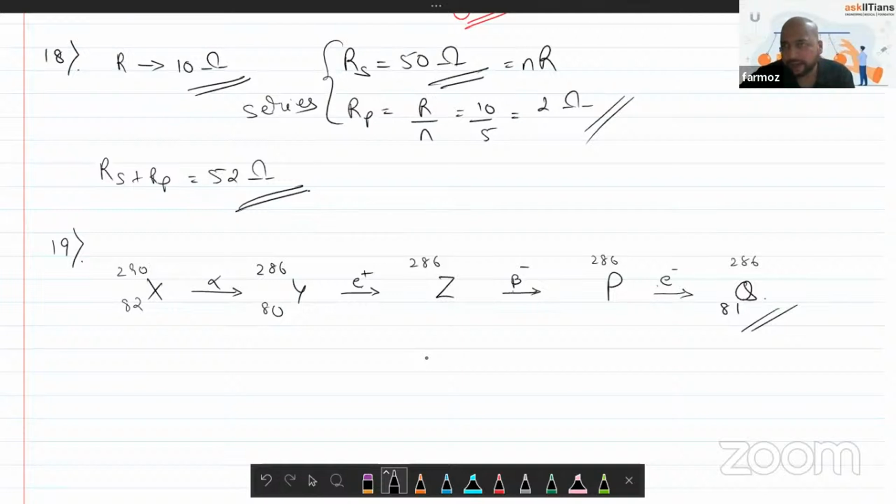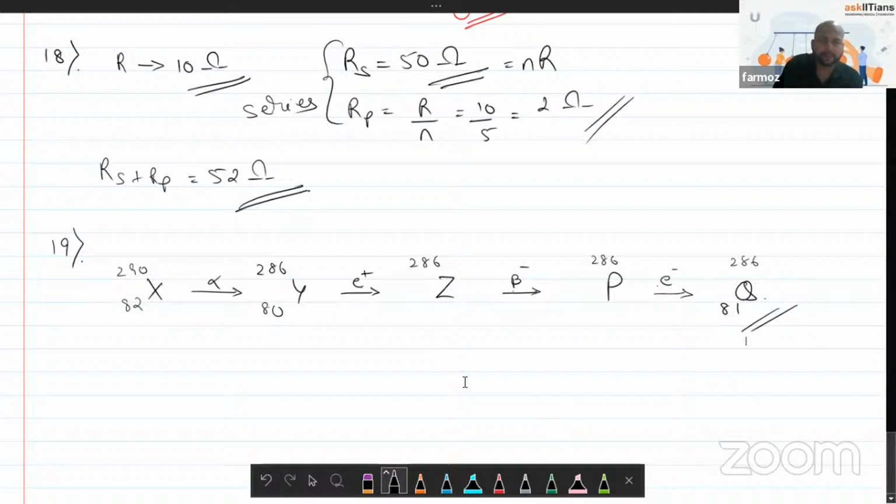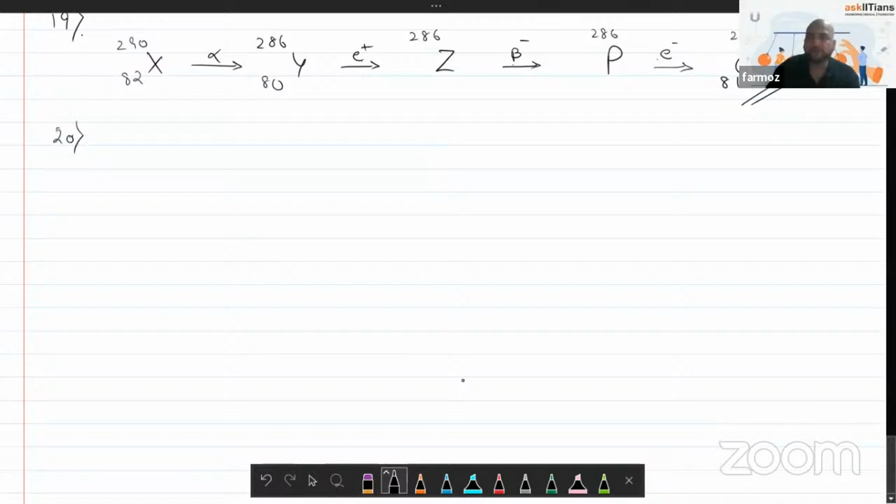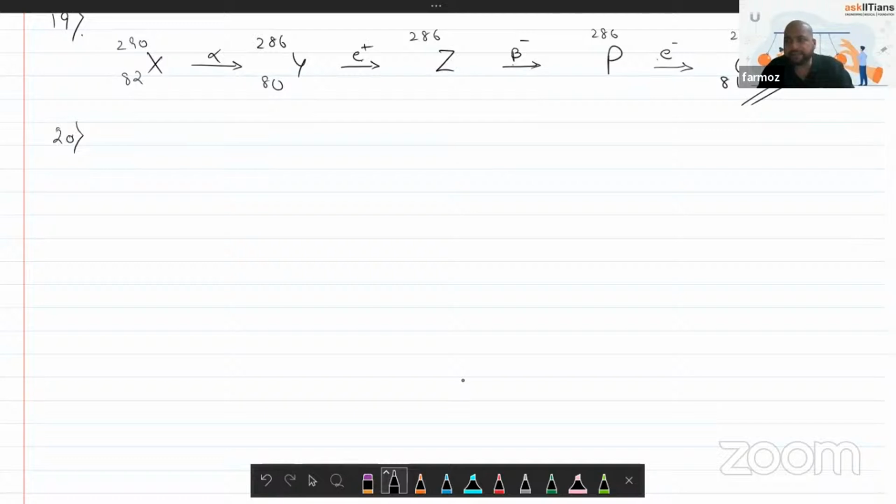Now moving on to the next question, that is question number 20. Now see, in question number 20, what they have stated: the maximum elongation of a steel wire of 1 meter length, if the elastic limit of steel and its Young's modulus respectively are 8 into 10 raised to 8 and 2 into 10 raised to 11.